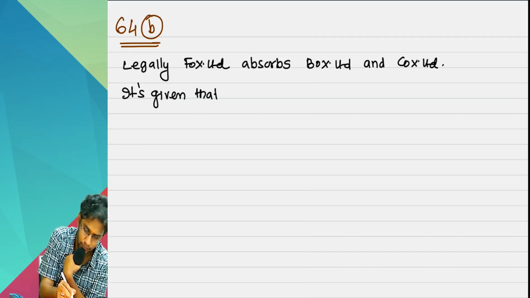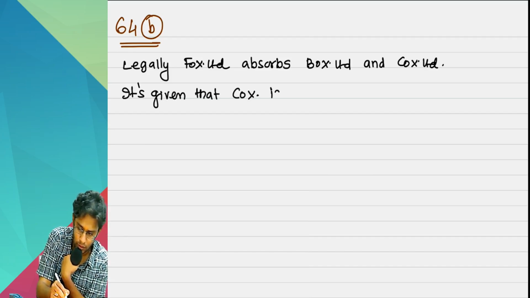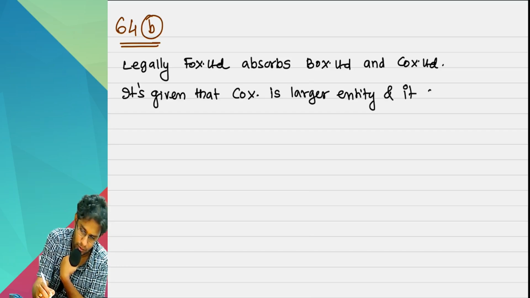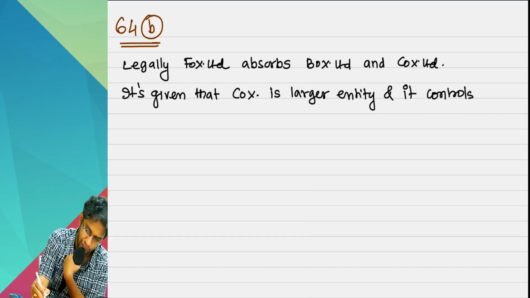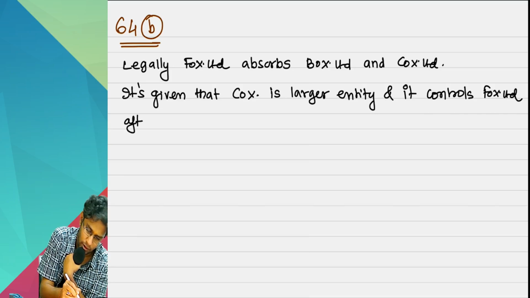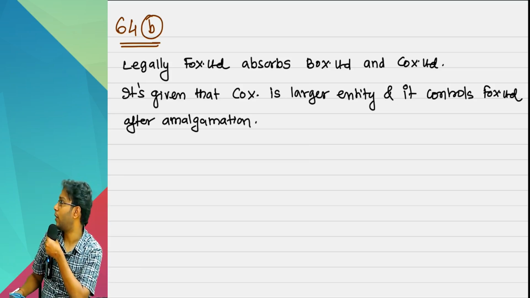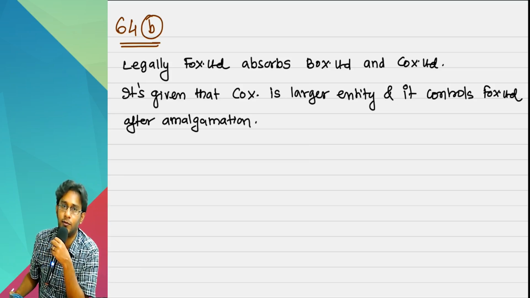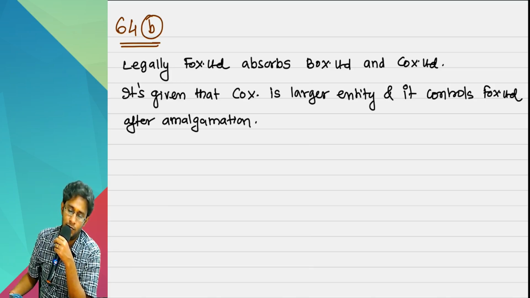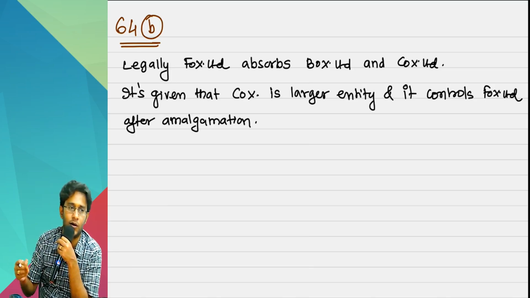It's given that Cox is the larger entity and it controls Fox Limited after amalgamation. What they told is Cox will control Fox, but who is there in Fox now? Box only is there. So literally Cox will control Box.